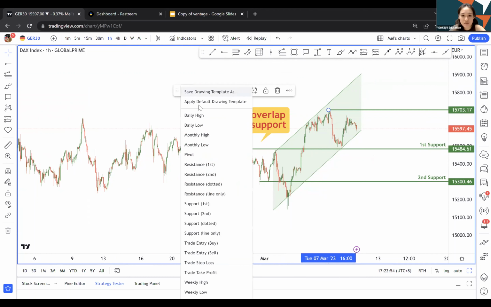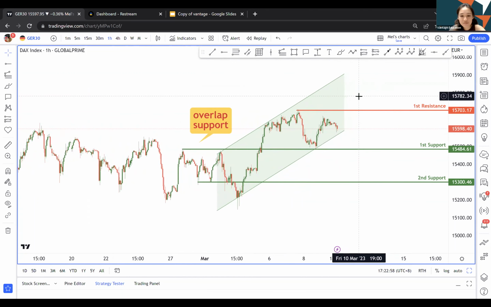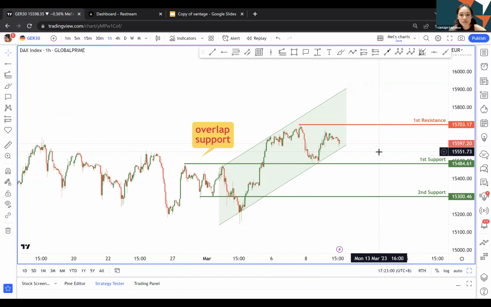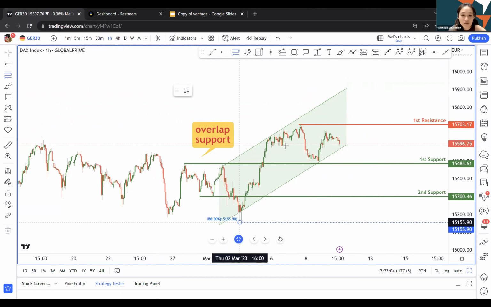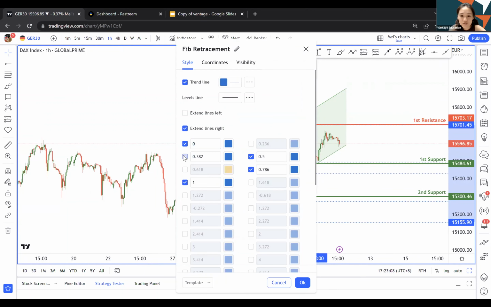Okay, here's my first resistance. Now let's pull out some Fibonacci levels to support our levels. For retracement, we typically use these five levels: 38.2, 23.6, 50%, 61.8, as well as 78.6.